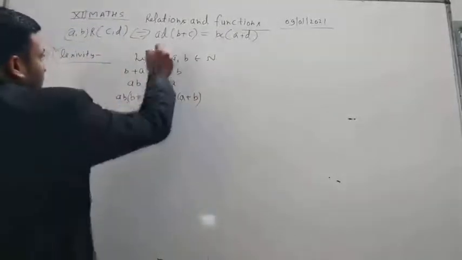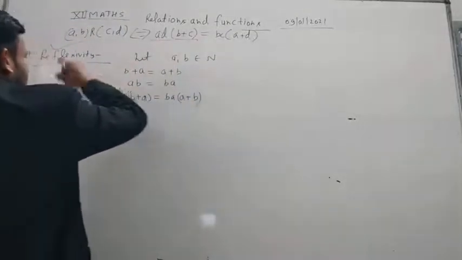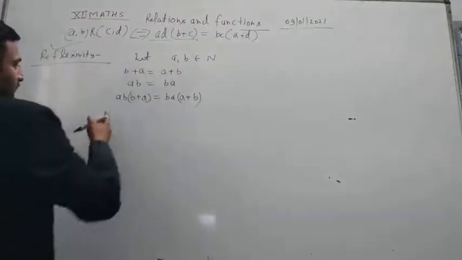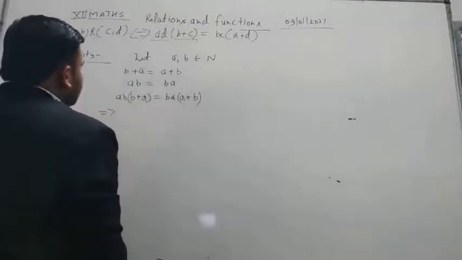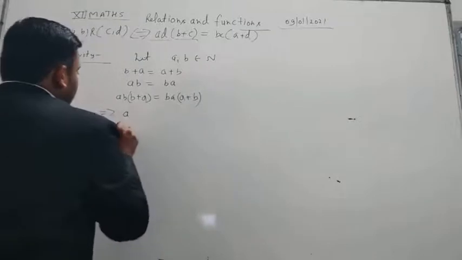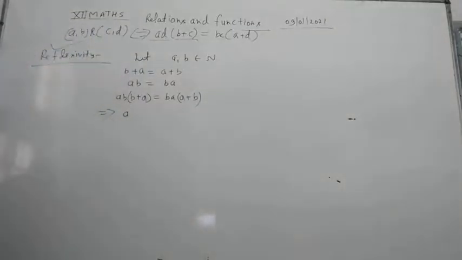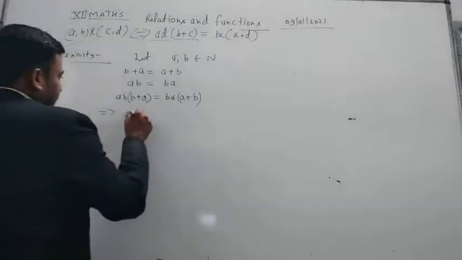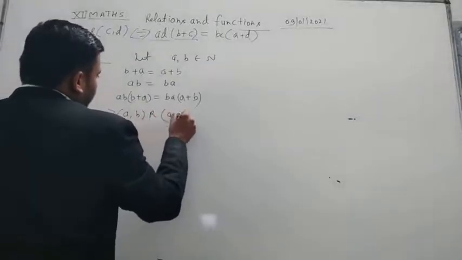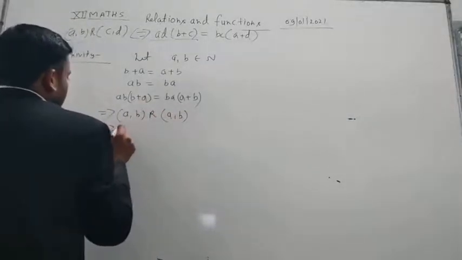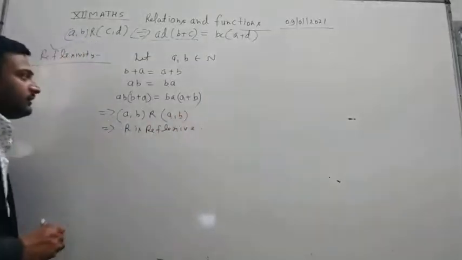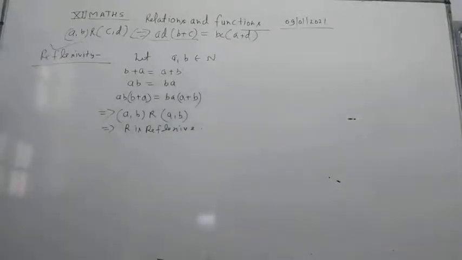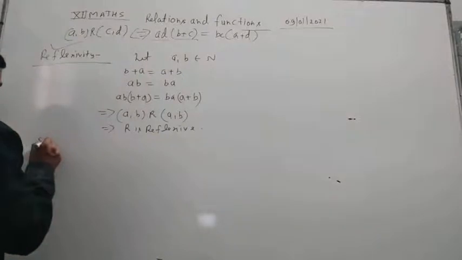Now look at the relationship, AD(B + C) and BC(A + D). So we write (A, B) related to (A, B), and then we can say that our R is reflexive.